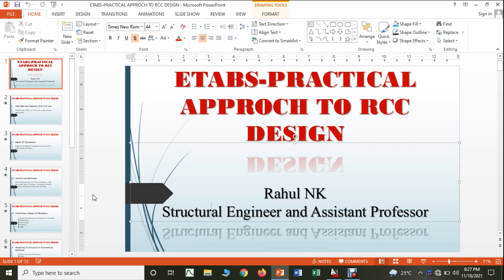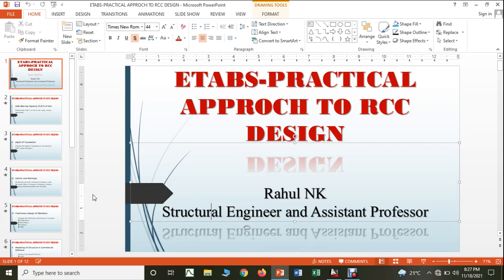Welcome back, learners. As you know, in the previous session we discussed how to categorize the columns into heavily loaded columns, medium loaded columns, and low loaded columns, based on the number of beams connecting to the given column, out of which how many are primary beams and how many are secondary beams, and the area of load from the slab that the given column receives.